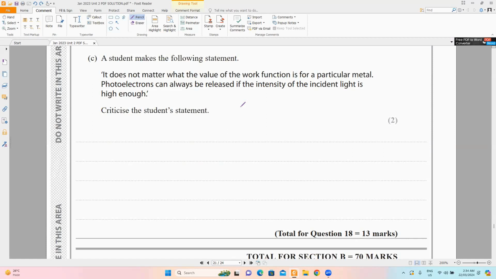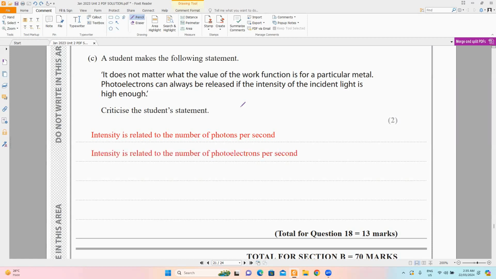what is intensity? Intensity is the amount of photons arriving each second. So intensity is related to the number of photons arriving per second. And when it comes to photoelectric effect, each photon interacts with each electron. So the intensity also determines the number of photoelectrons that will be released. So intensity is related to the number of photoelectrons per second.